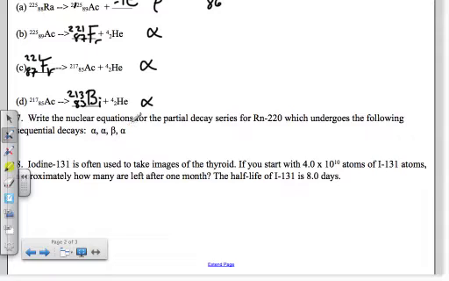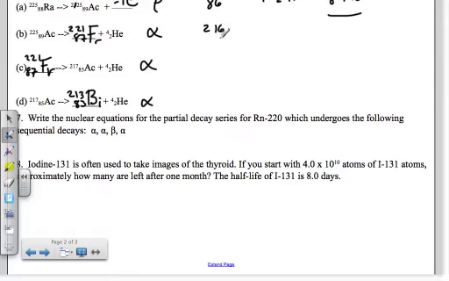We're doing a small part of the radioactive series, that's why it's called partial, for radon 220. So our first one is alpha, and the other product is 84, which is polonium, and 216 is our mass number. So now the way this works is you take the daughter nucleus and you do the next one.